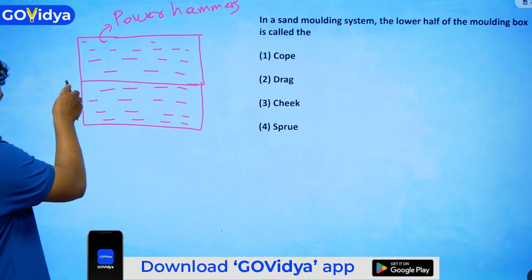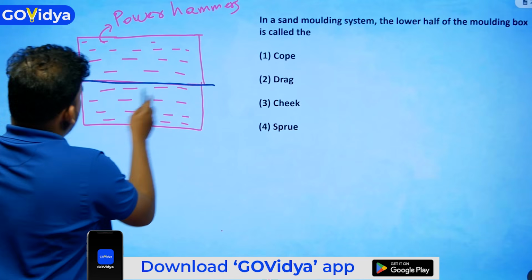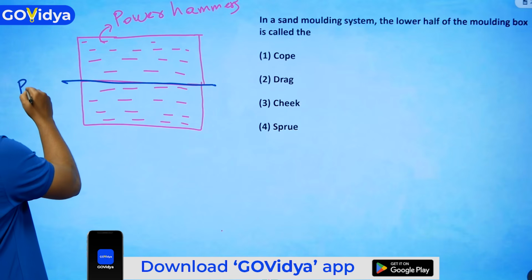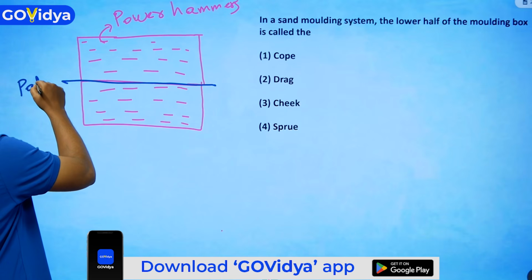In between there is a parting plane, which separates the two boxes.